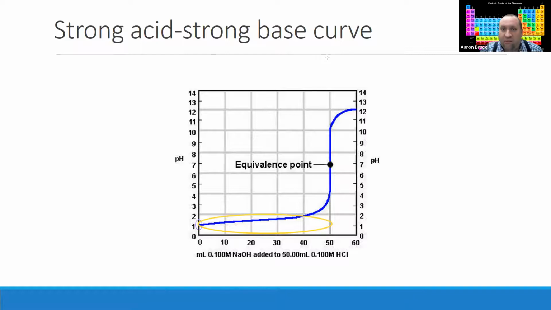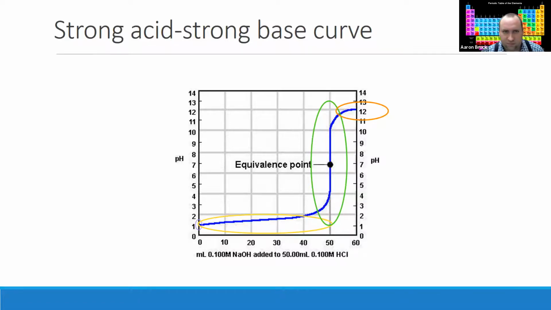And then finally, we have the rapid rise region here, where in a matter of about 5 milliliters, we go from pH 2 to pH 12. And then once again, it levels off once we get into that base zone. And if this graph had continued, we would see a very gradual increase in pH.